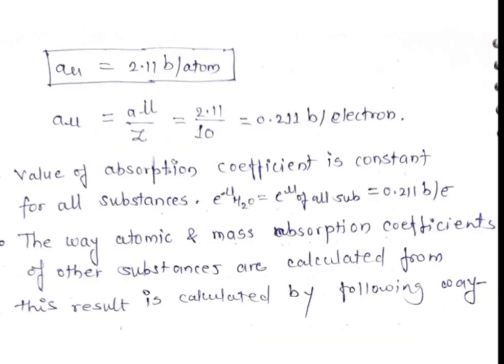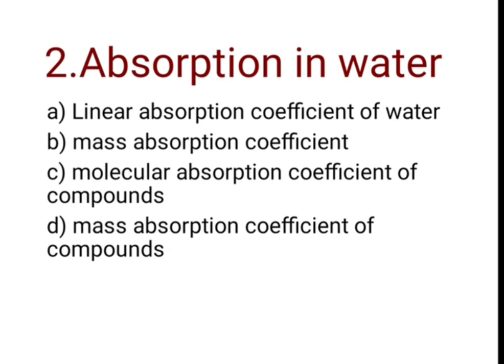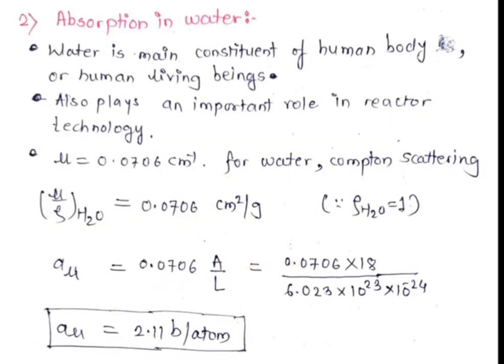So what we have learnt here: for the absorption in water, we first calculate mu. So mu for the water is 0.0706. After that we calculated the mass absorption coefficient and the atomic absorption coefficient.